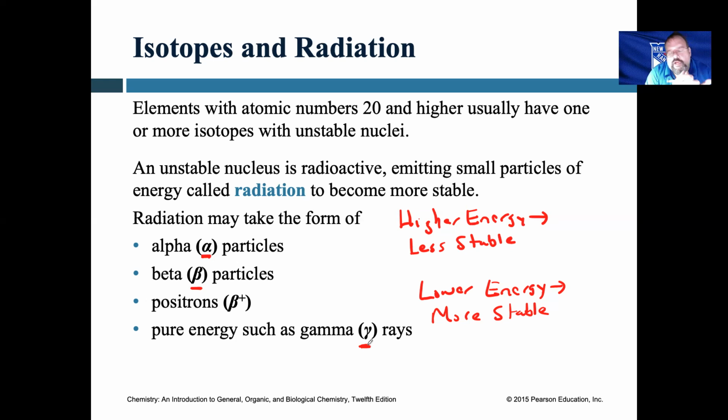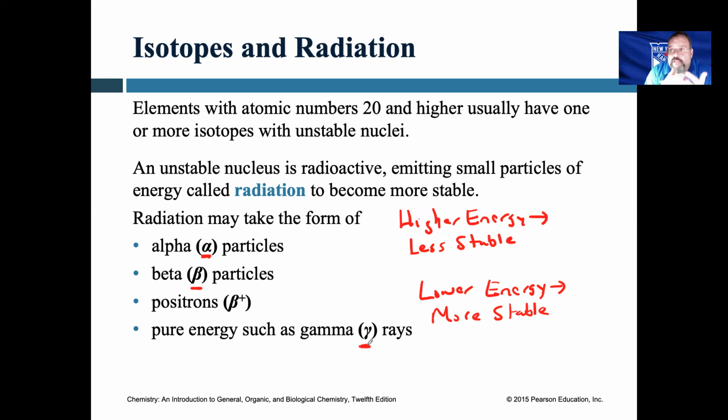Okay. So what's one of the differences between pure energy and the other three types: alpha particles, beta particles, and positrons, which are essentially particles as well? One of the things to consider, and we'll see this, is that when particles are released from an unstable nucleus, a change takes place in the number of protons in the nucleus of that atom. Whereas when gamma rays are released, no change in the number of protons takes place in the nucleus of that atom.